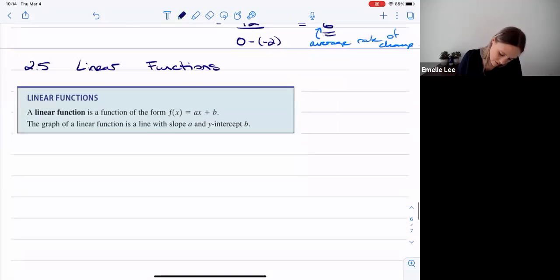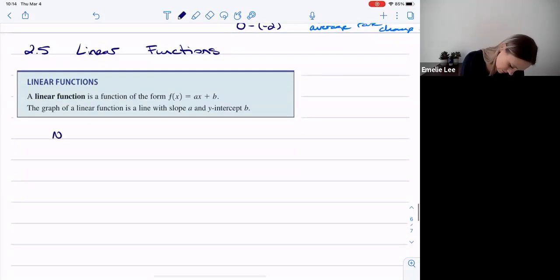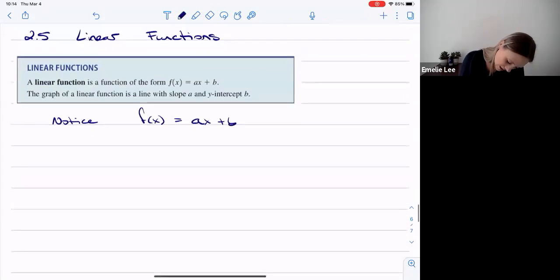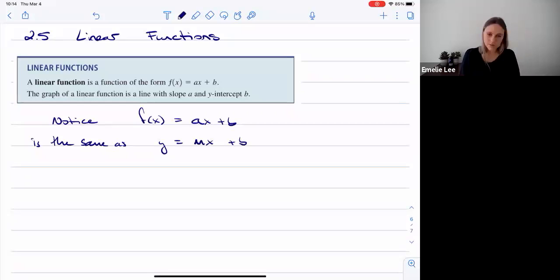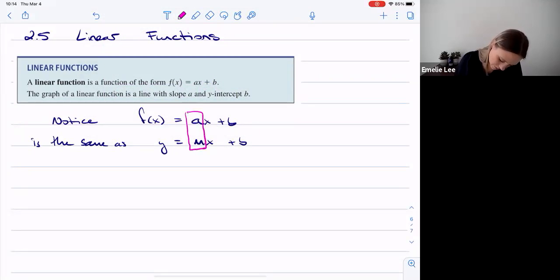And so notice f of x equals ax plus b is the same as y equals mx plus b. This is the slope, so whatever is attached to the x is the slope, and whatever is on its own is the y-intercept.